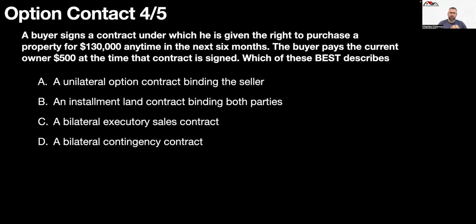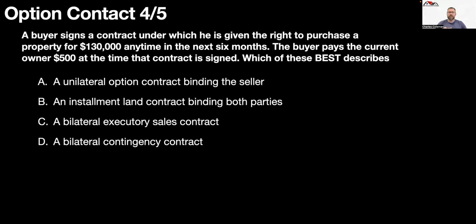Question number 4. A buyer signs a contract under which he is given the right to purchase a property for $130,000 anytime in the next 6 months. The buyer pays the current owner $500 at the time that the contract is signed.